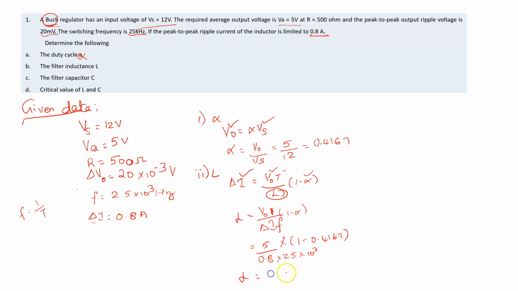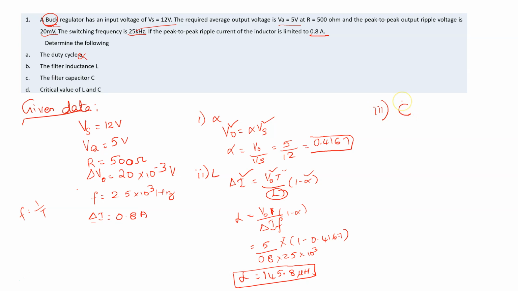So the L value will be 145.8 microhenry. And alpha will be 0.4167.